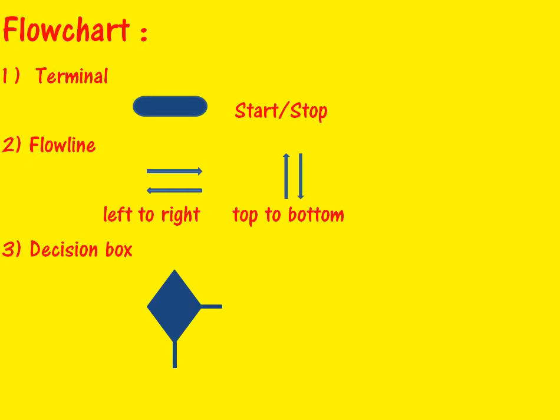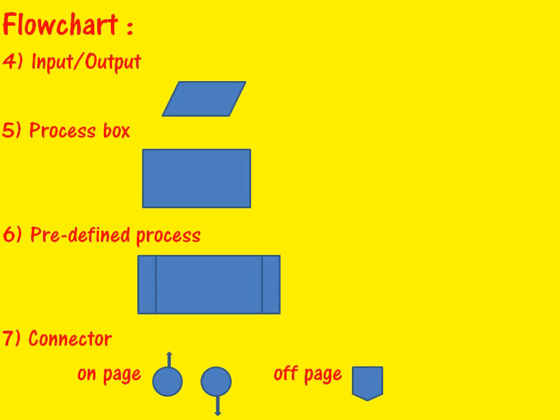First, start and end. Second, flow line, represents the flow. Third, decision box, represents the condition. Fourth, input output box. In case of any input or output statement, we represent it with parallelogram boxes.